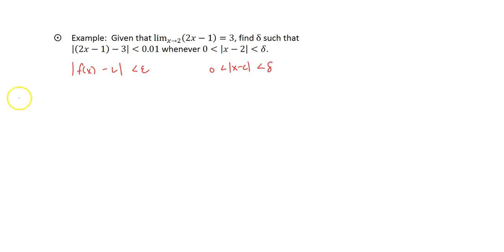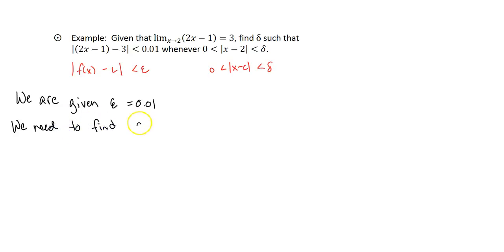So we are given that our epsilon equals 0.01. It's got to work for every epsilon, so might as well work for a specific epsilon. And we need to find a delta that makes the definition work for this epsilon.